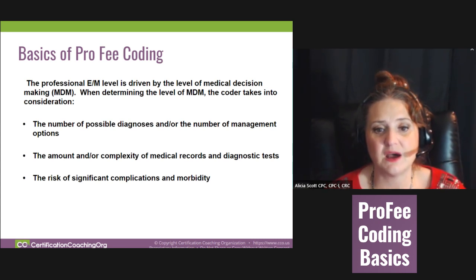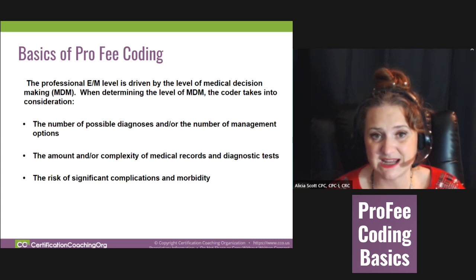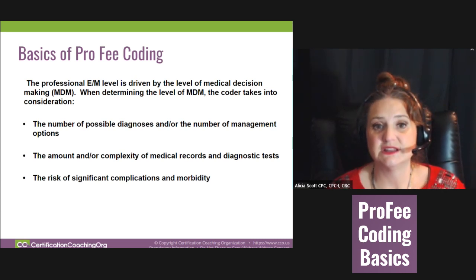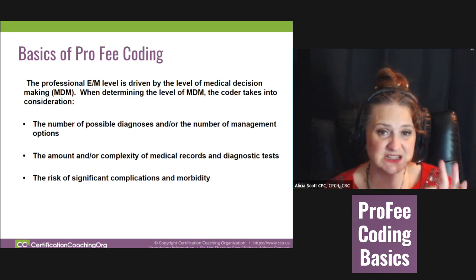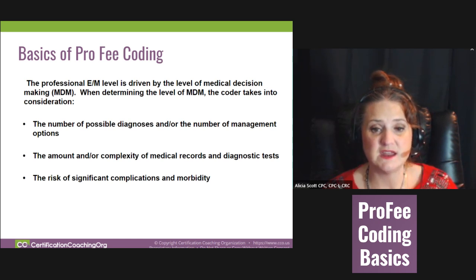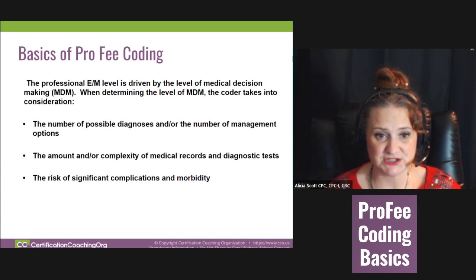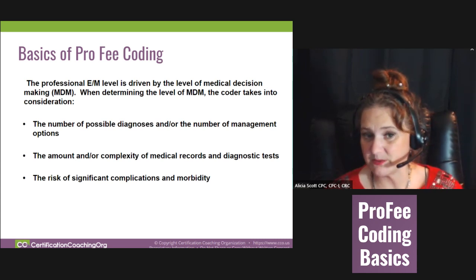The amount and/or complexity of the medical records and diagnostic tests. So let's say our osteoporosis patient hasn't had a DEXA scan in a long time, and so the provider says, let's go ahead and do that, and let's do some lab work. But with your diabetic patient, the complexity and the amount of tests will be higher.